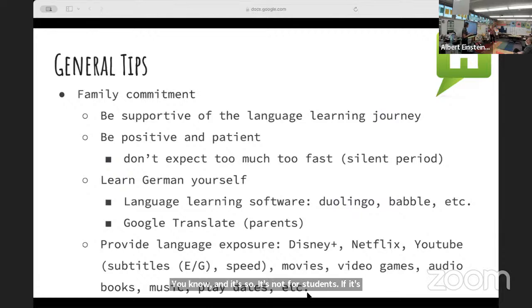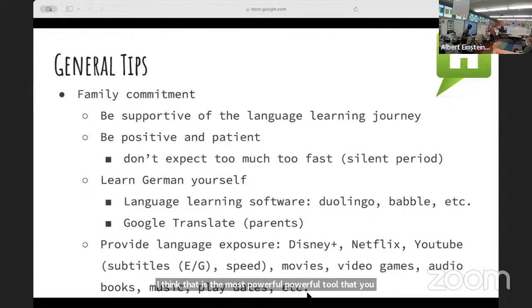But for parents, I think Google Translate is an excellent source. If we send something home in German, you can even take a picture, and it translates it for you. So this is something where you can access the German quickly. But learning the language yourself and learning with your child, I think that is the most powerful tool that you can provide them with.